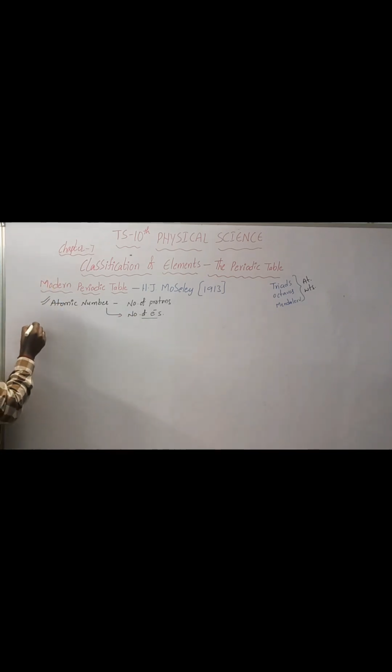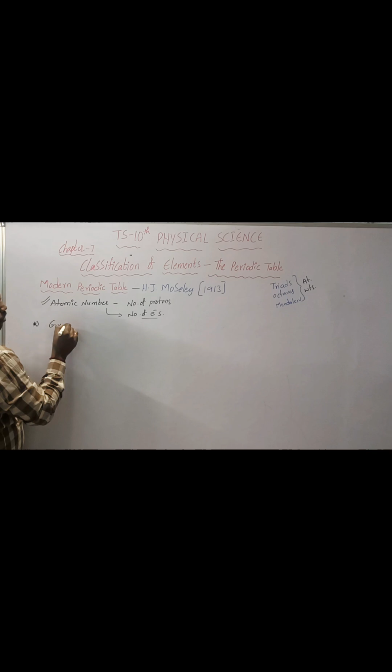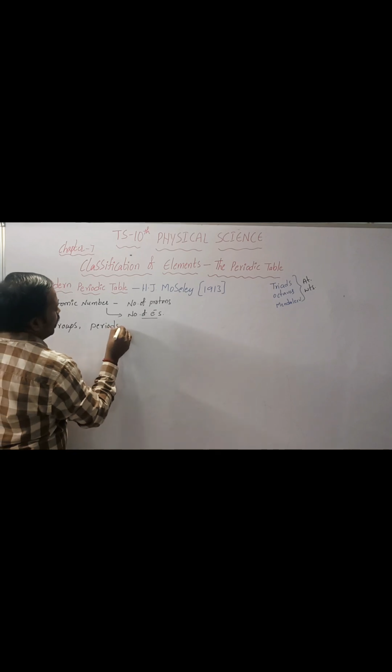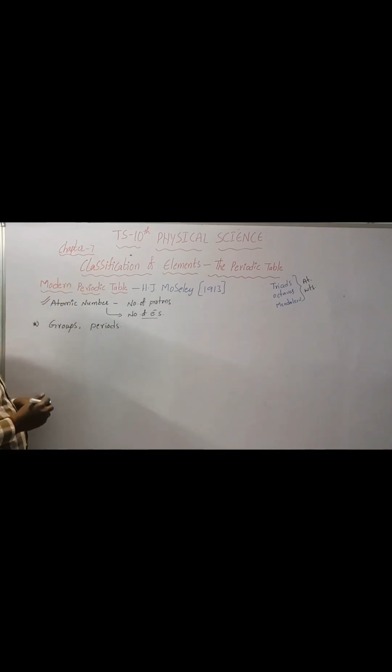Next, how he classified the periodic table. He also used groups and periods, similar to Mendeleev. But the change is that in Mendeleev there are 8 groups, and further 2 subgroups, total 16.